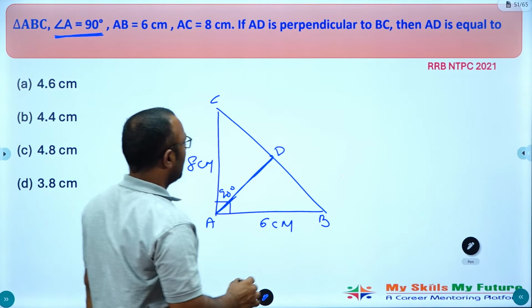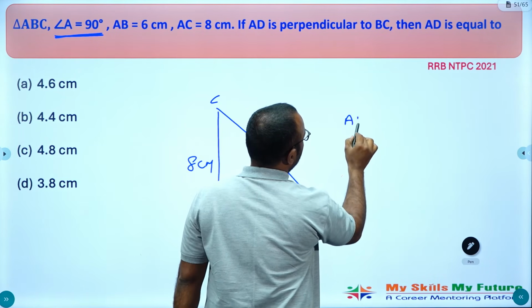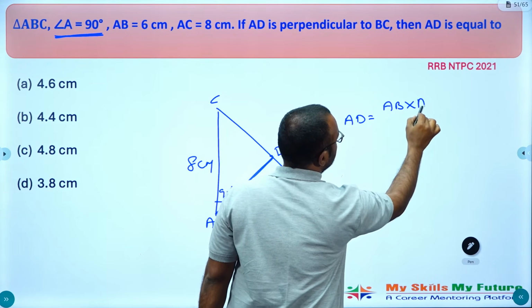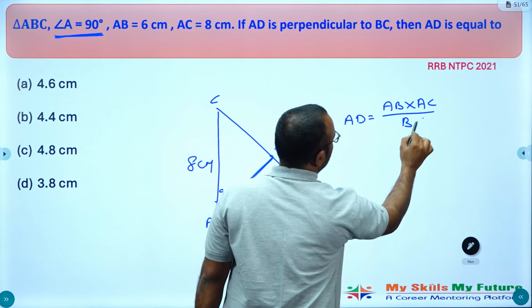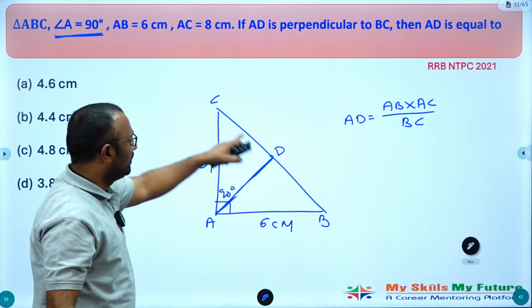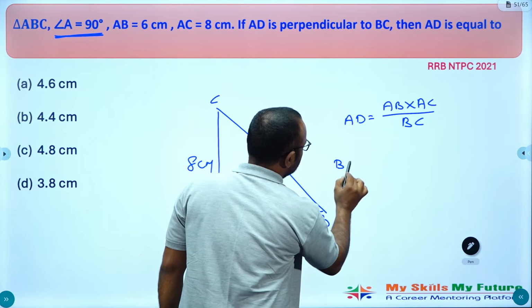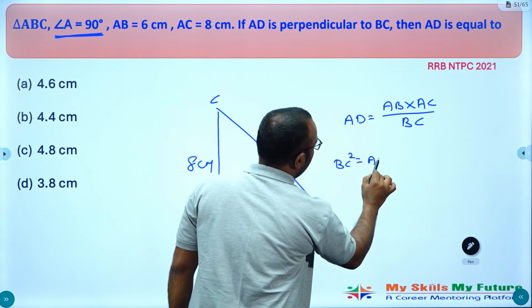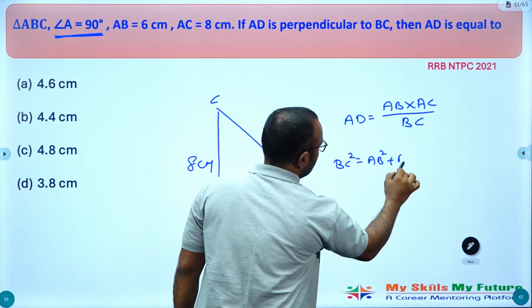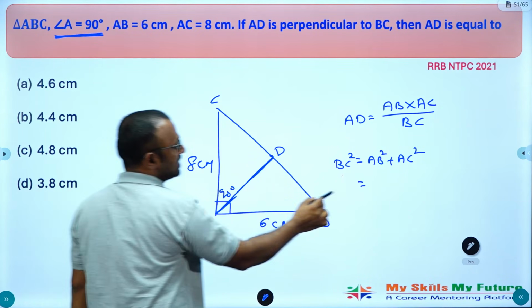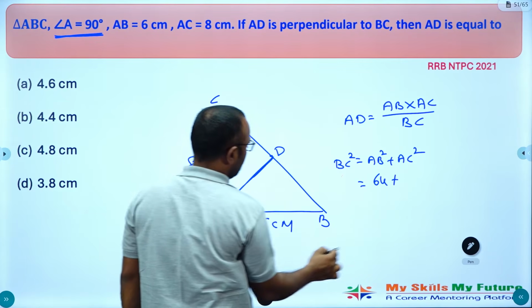For that we have the formula AD is equal to AB into AC by BC. Here we don't know the value of BC. By using the formula BC square is equal to AB square plus AC square.